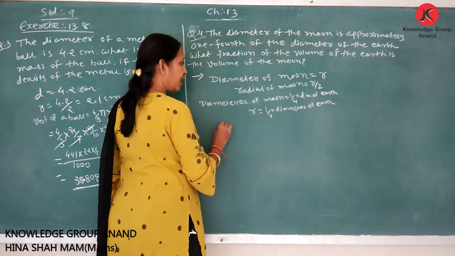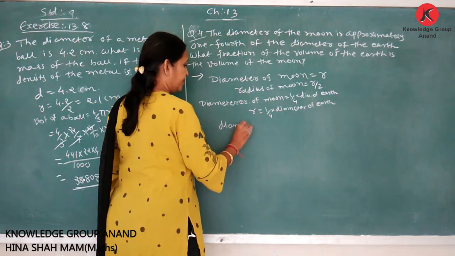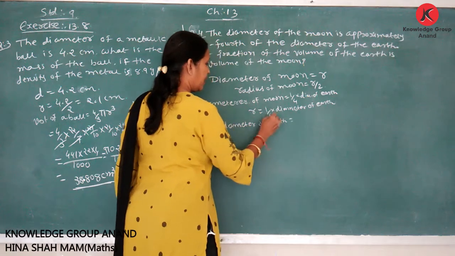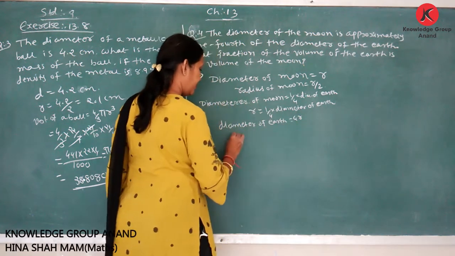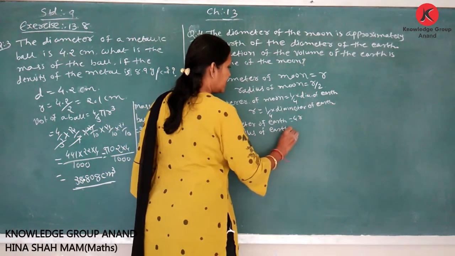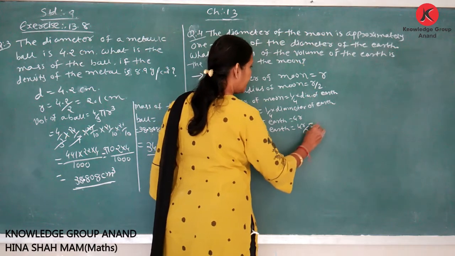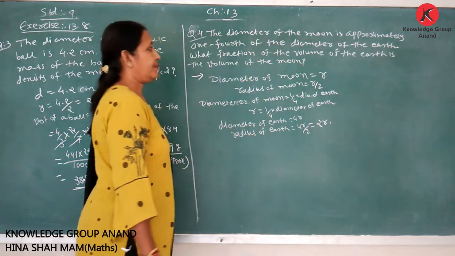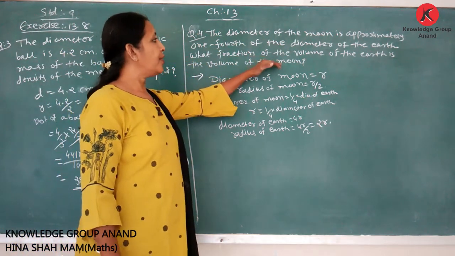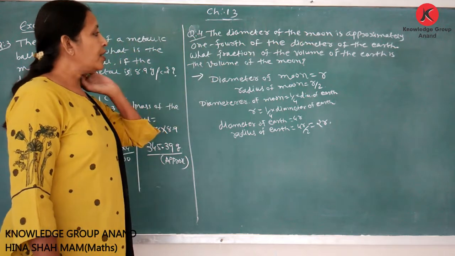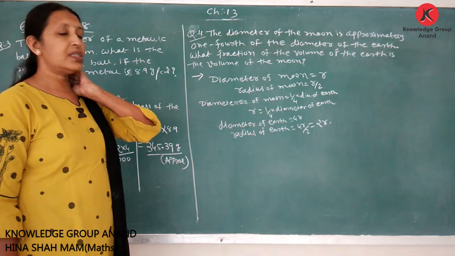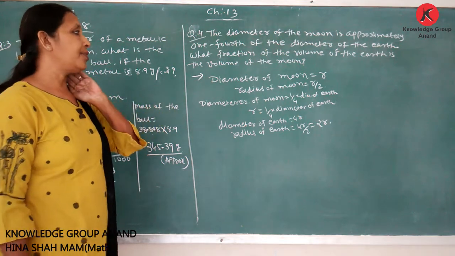Therefore diameter of earth is equal to 4R. Radius of earth is equal to 4R upon 2, is equal to 2R. Here, what fraction of volume of the earth is the volume of the moon? What fraction of the volume of the earth is the volume of the moon?